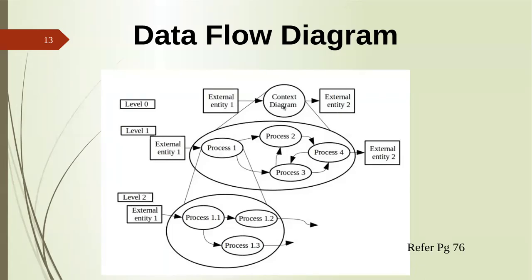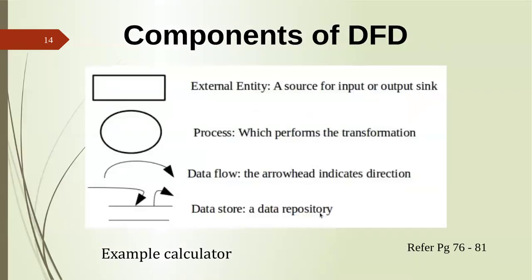The first level we call the context diagram, with external entities and output. External entities are persons or something giving data to the system. We can divide this into process 1, process 2 like this. Components of a DFD: external entity, process, data flow, data store.